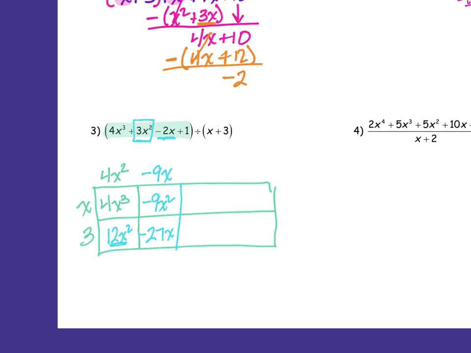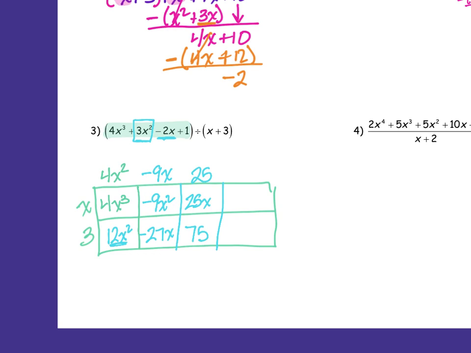So what do I add to negative 27x to get negative 2x? 25x. So what do I multiply x by to get 25x? 25. And 25 times 3 is 75.